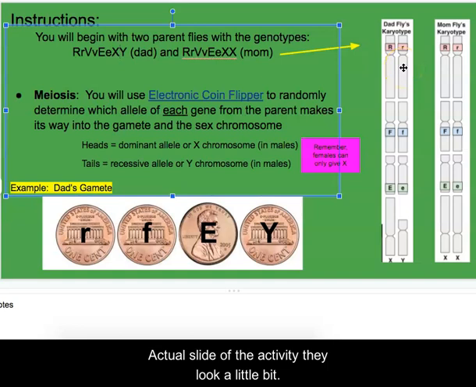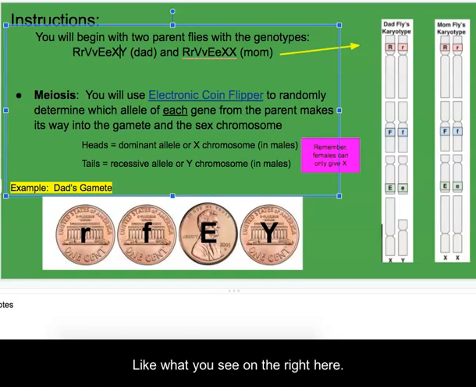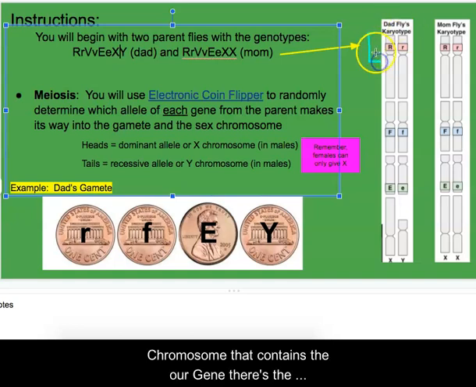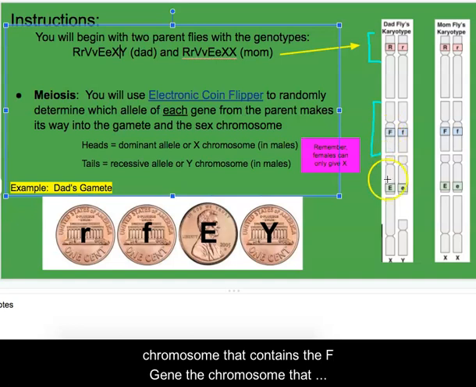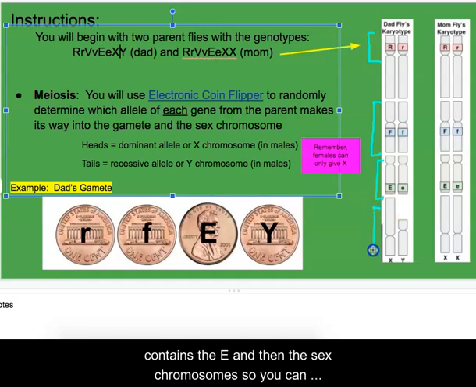On the actual slides of the activity, they look a little bit like what you see on the right here. You can see how there's the chromosome that contains the R gene, there's the chromosome that contains the F gene, the chromosome that contains the E, and then the sex chromosomes.